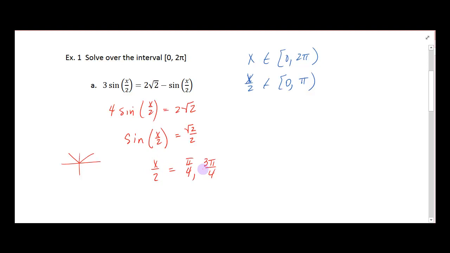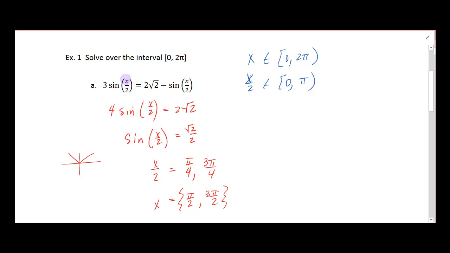I'm not done yet because I want to solve for x ultimately. So I'm going to multiply everything in here by 2, and I end up with x is now equal to pi over 2 and 3 pi over 2. So this is the solution set for this equation.